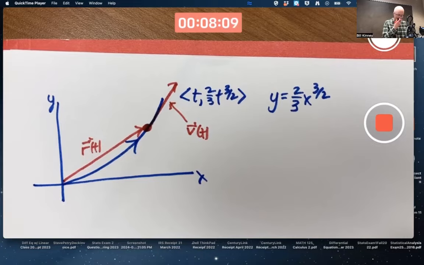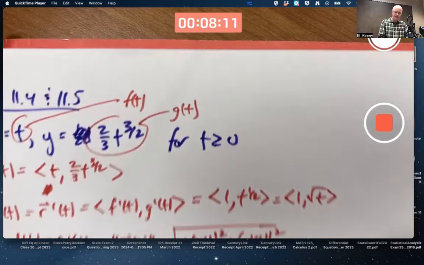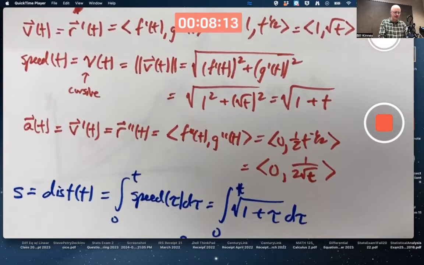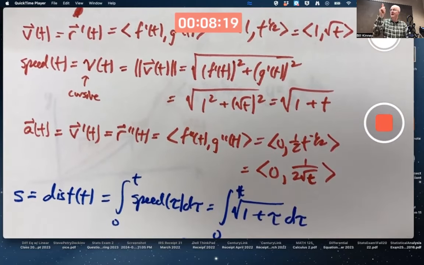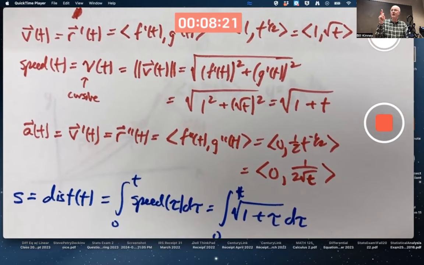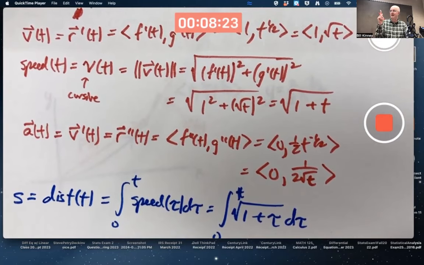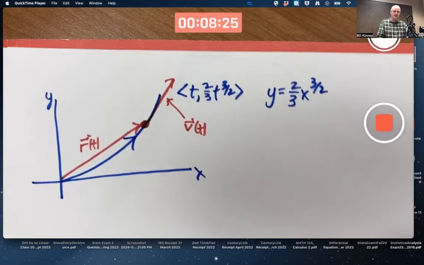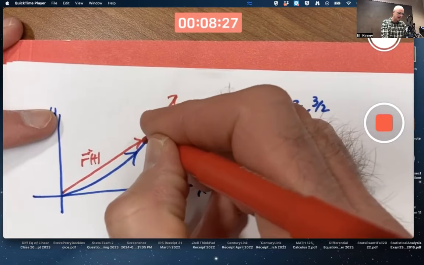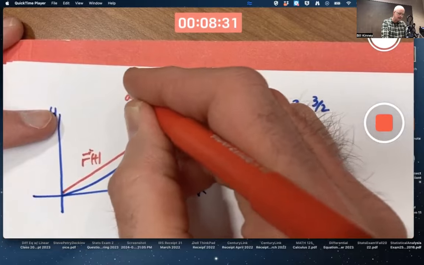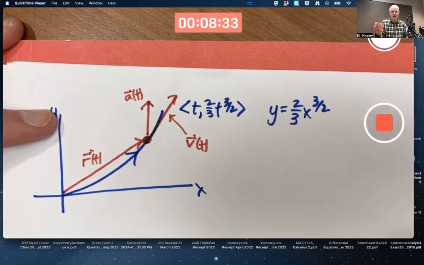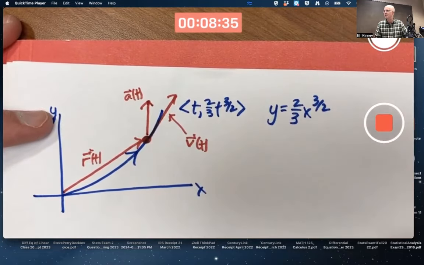In fact, for our example, the acceleration vector always has a first component that's 0, positive second component. It's going to point straight up, no matter what t is for this example. So the acceleration vector might look something like this.